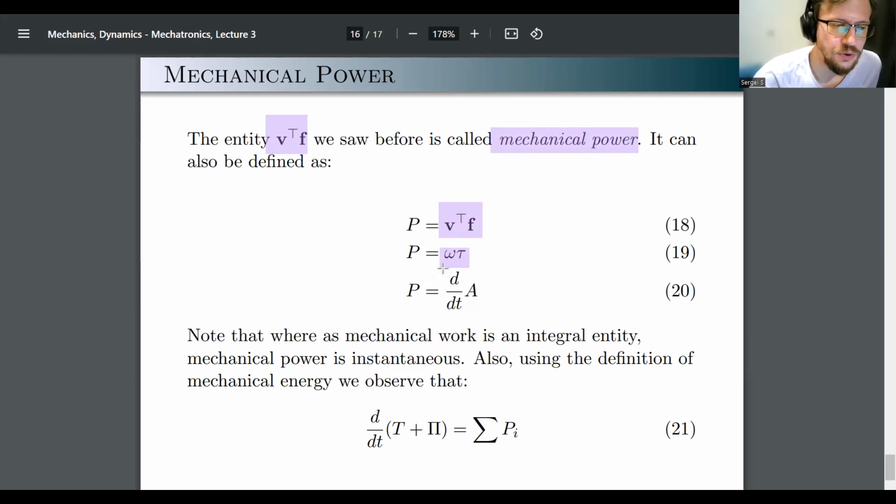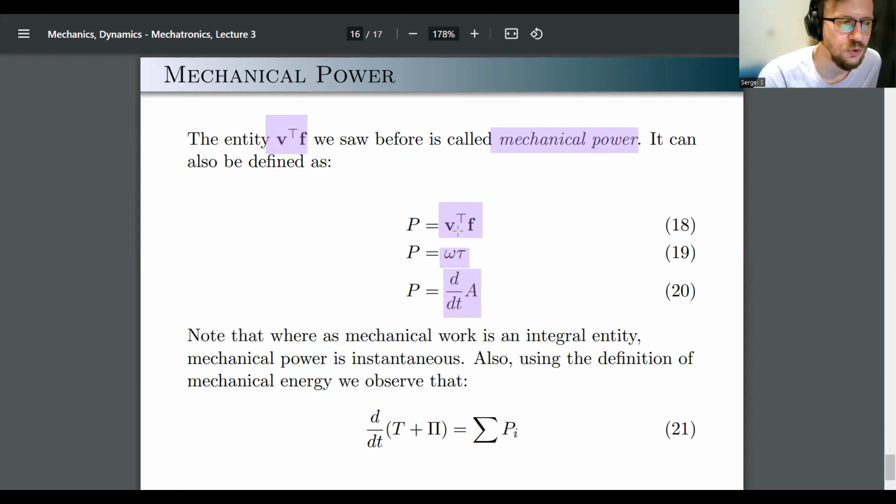Right? And also, power is the derivative of work, just as work is the integral of power. So power is an instantaneous quantity. It exists at each point of time. It has a different value at each point of time. Work does not exist at a point of time. Work is a result of time passing. Work exists only as a difference between what was then and what is now.